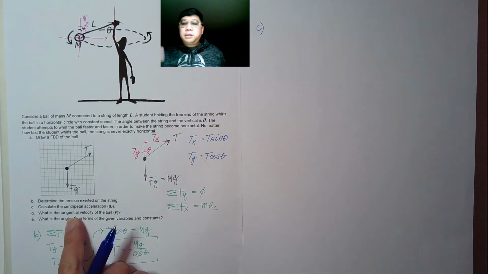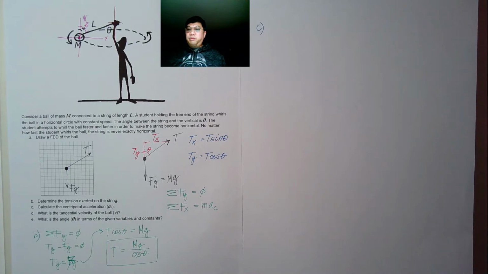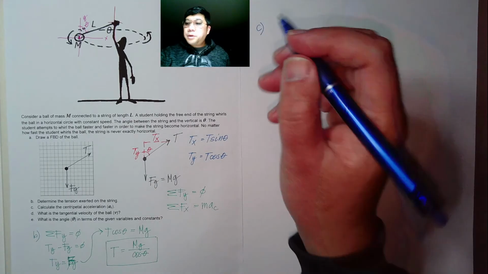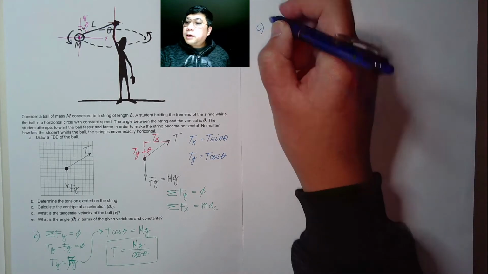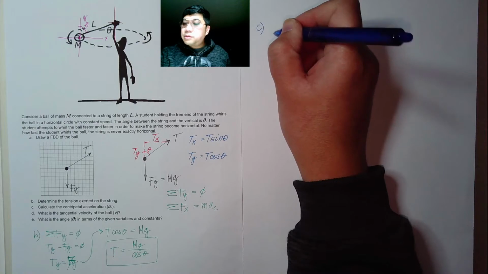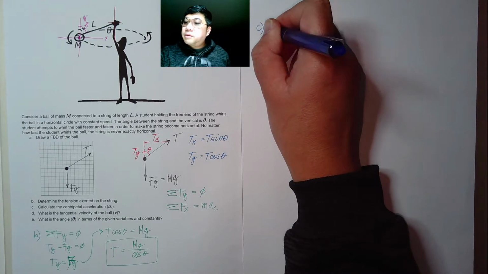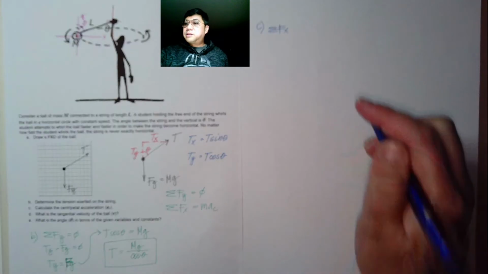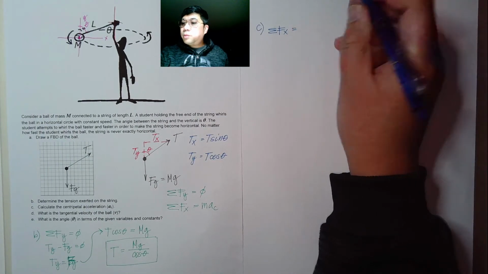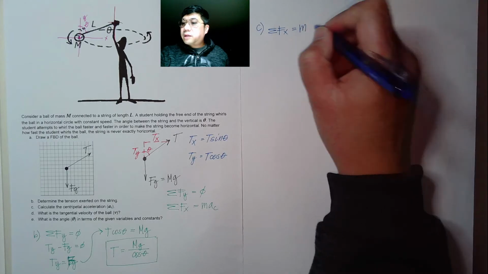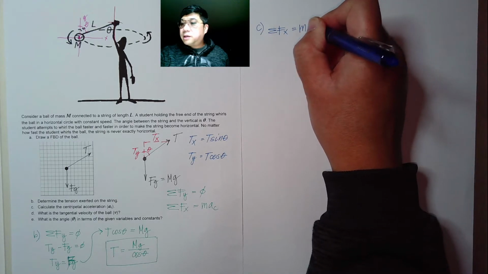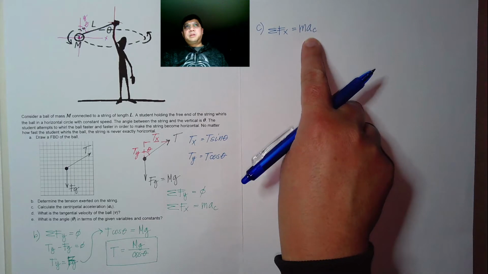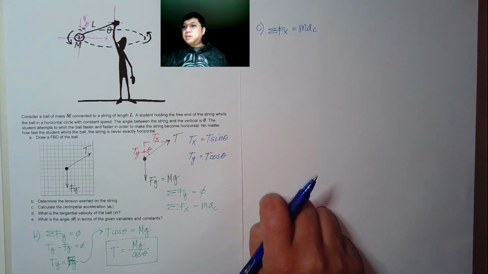So let us see, what is the centripetal acceleration? Where can we find it? Definitely we have it right here. Let us figure out the centripetal acceleration by analyzing the forces acting along the horizontal axis. And since the circular motion happens along the x-axis, we will use the centripetal acceleration instead of the linear acceleration.